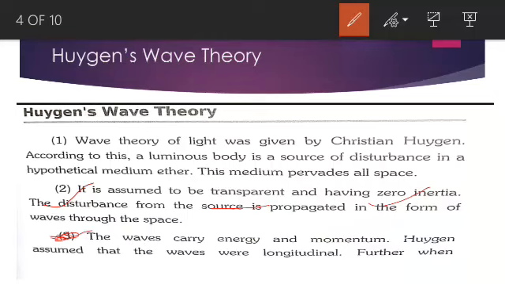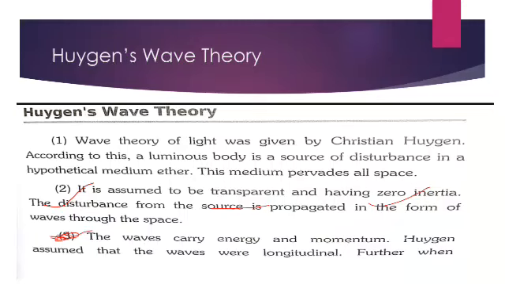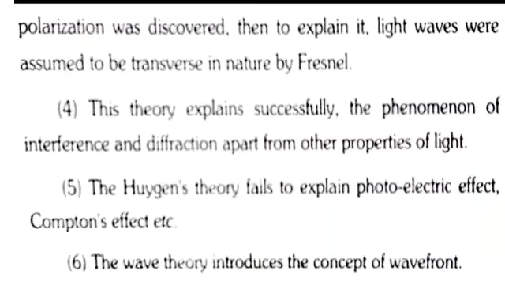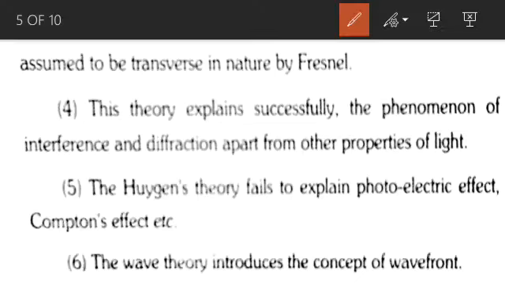So we will see the next point of Huygens wave theory, that is point number 4. The Huygens wave theory explains successfully the phenomenon of interference and diffraction, apart from other properties of light.